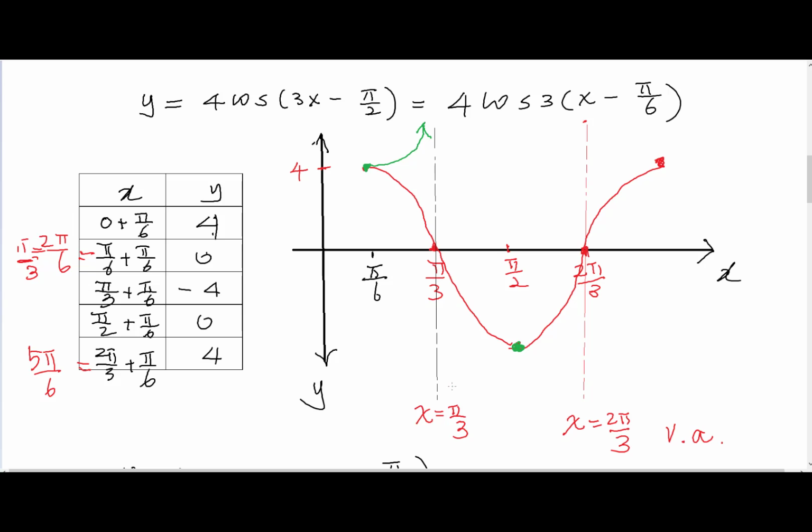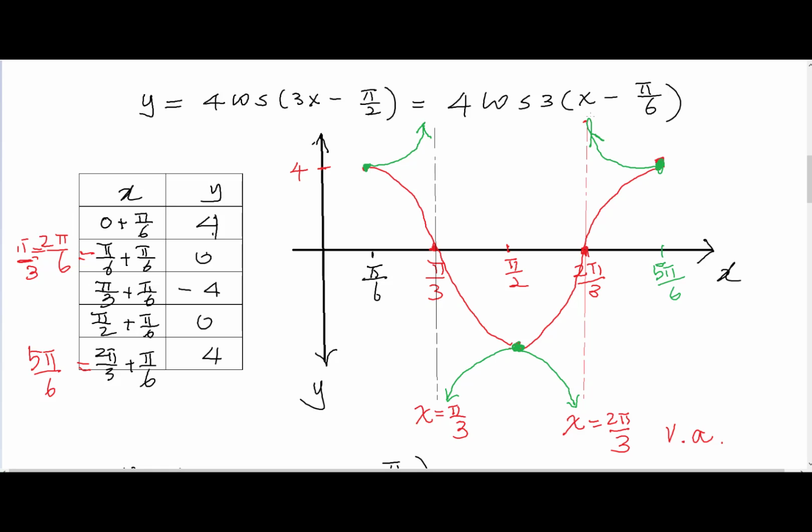Keep in mind the vertical asymptotes, and you invert the graph of the cosine function and make it approach the vertical asymptotes. And this point right here, 5 pi over 6 and 4, is shared with the cosine function, and this point will be on the second function, 4 secant 3x minus pi over 2, with the graph inverted so that it has vertical asymptotes.